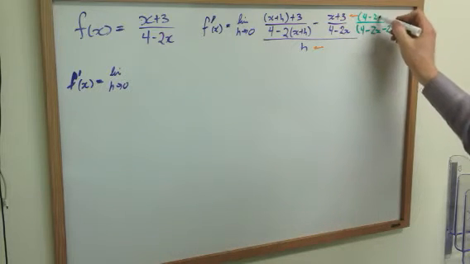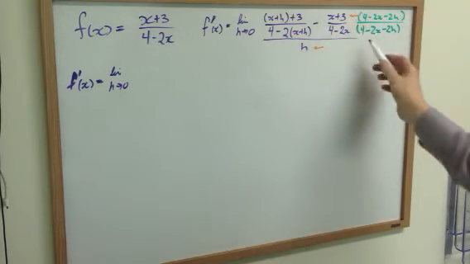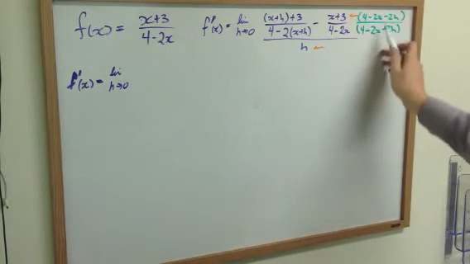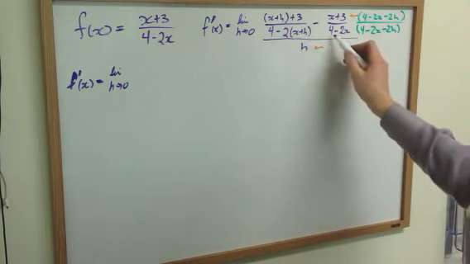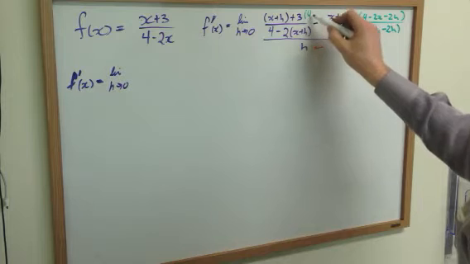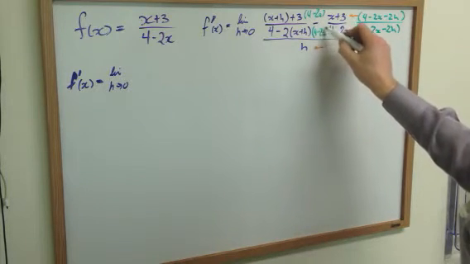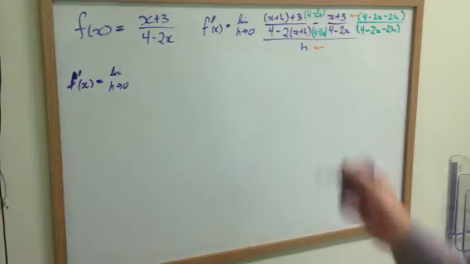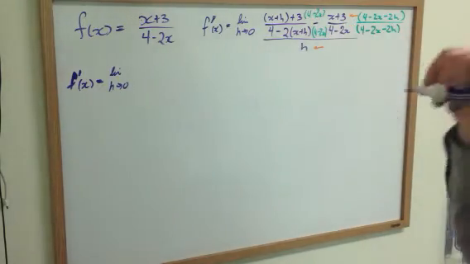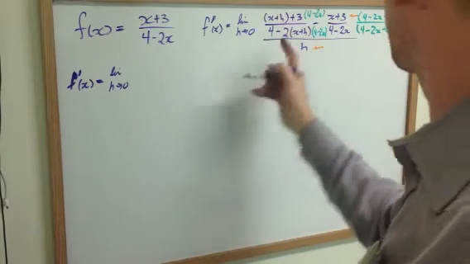I'm multiplying by 1, but a very special form of 1. Here I'm going to multiply by 4 minus 2x, top and bottom, just to bring those terms together and see if I can get some interaction and eliminate some of the zeros that occur.